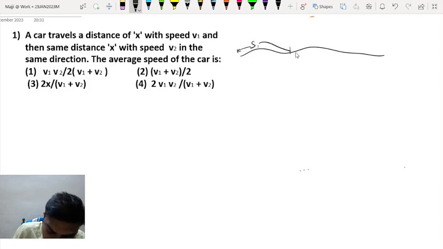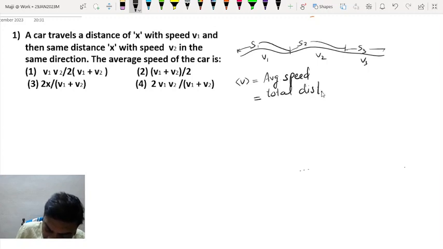S1 is the distance, let us say, traveled with the speed v1. Then S2 is another distance traveled with speed v2. S3 is another distance traveled with speed v3. So average speed will be total distance covered upon total time taken.